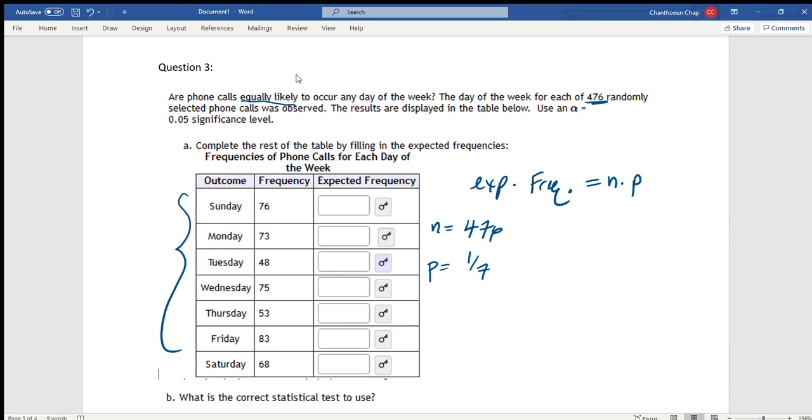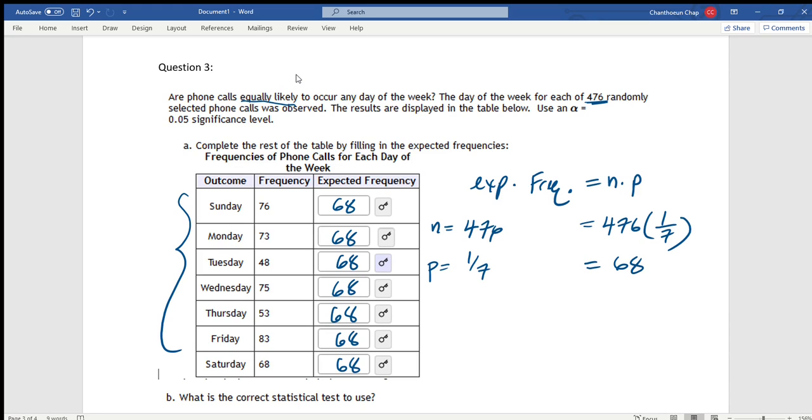So we have a 1 in 7 chance of picking a day of the week. We have 476 times 1 over 7, and that will give us the expected frequency for each of these entries. And that is equal to 68, so we know there is 68 for each one of these.